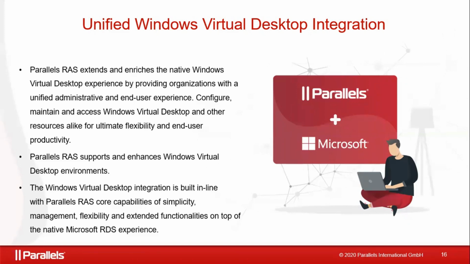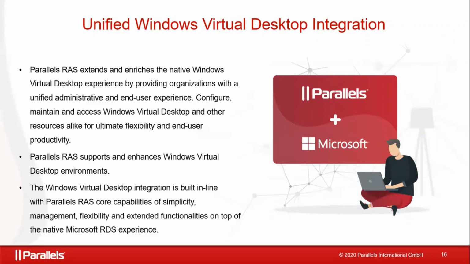Although we have Parallel RAS, if you are integrated with Microsoft RDS, you still need to purchase RDS services from Microsoft. A lot of customers ask, why do I need Parallel RAS since I have RDS? With RDS, you just allow the user to access the remote desktop, for example. But with Parallel RAS, you can do more besides remote access.